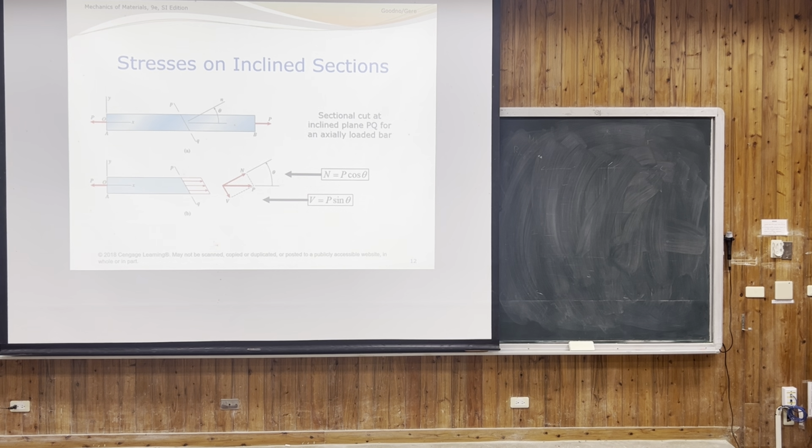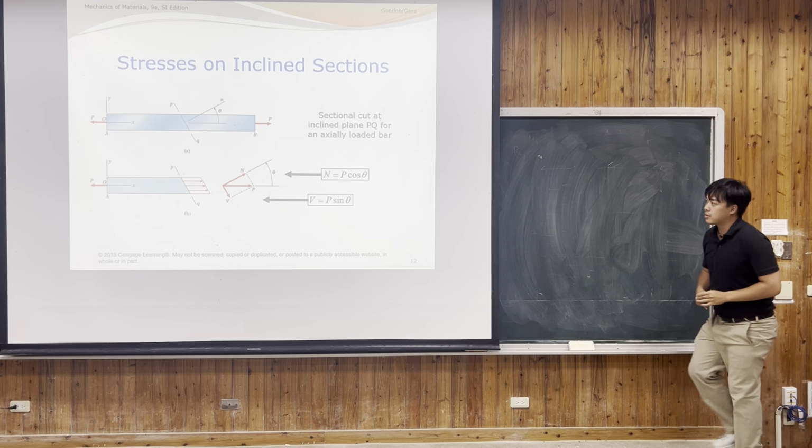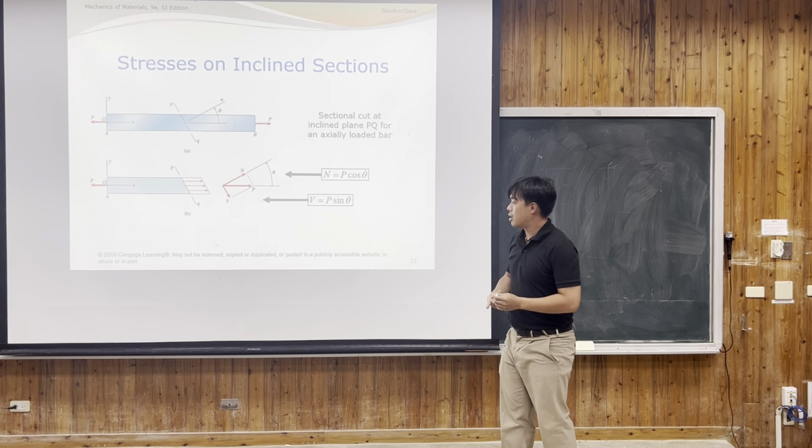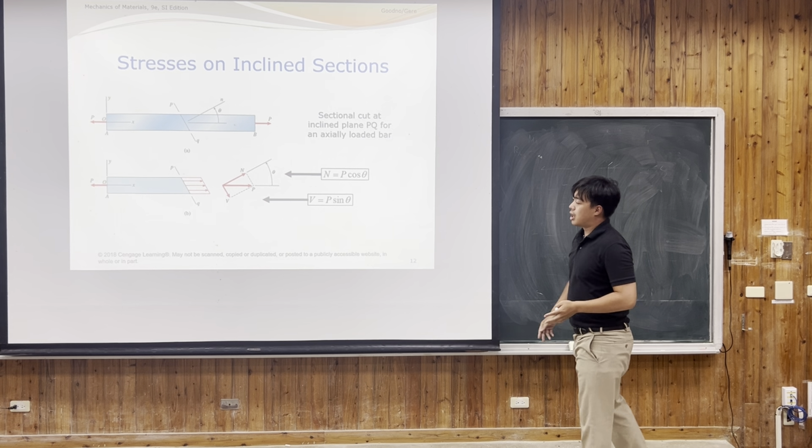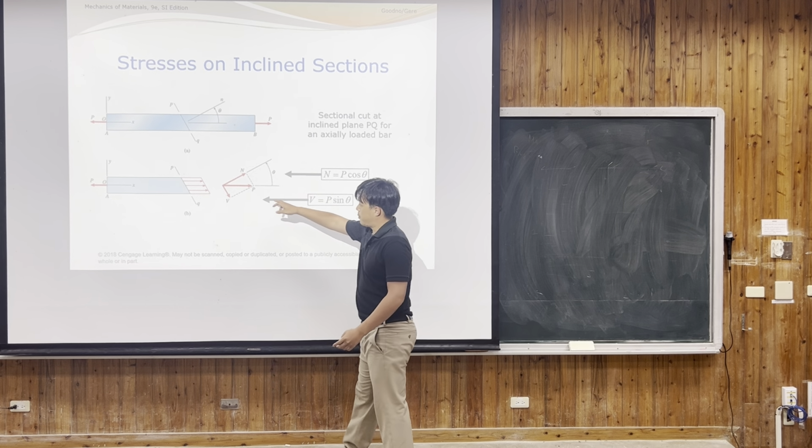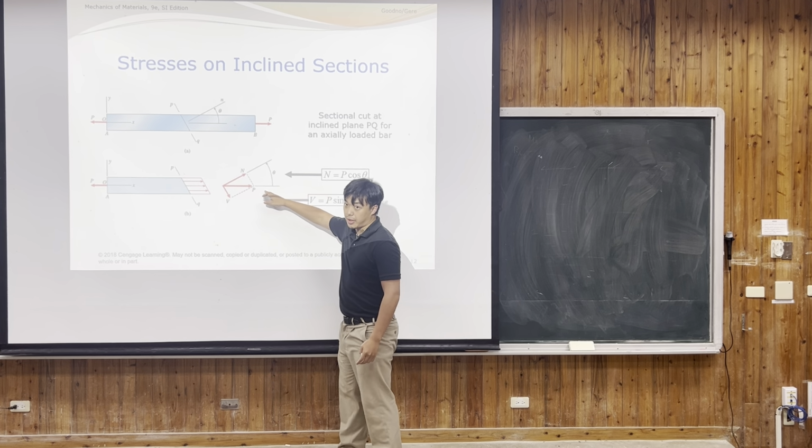So, I mean the stresses or the force on inclined sections. Everyone knows how to calculate, right? If you don't know, please raise your hand. I will show how to calculate it. Okay. So you can see, this is where P is headed, right?